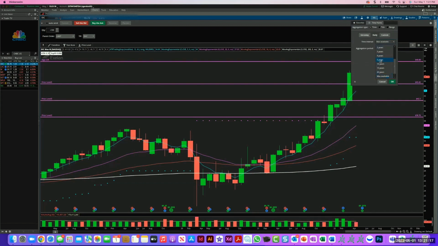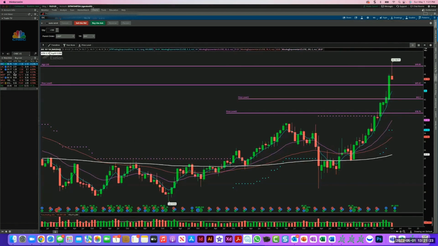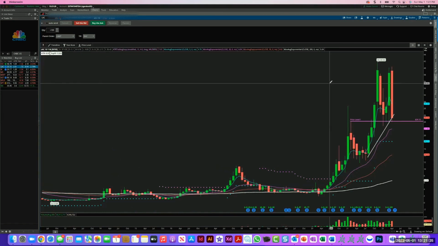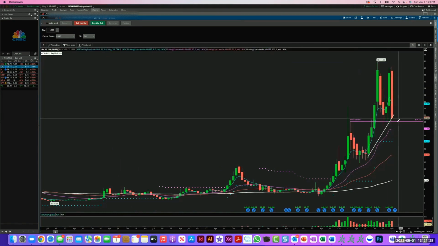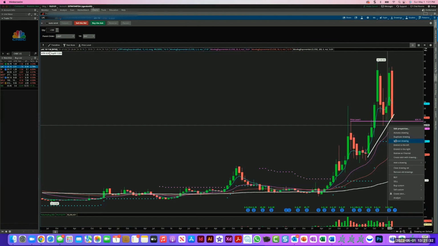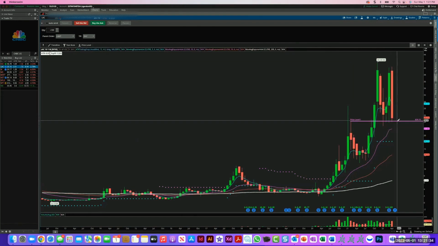I'm going to show this for 5 years, actually for 10 years. And we'll look at LAC. This is on my list. I'm considering LAC to basically bounce off of this support level because we've seen it happen here.